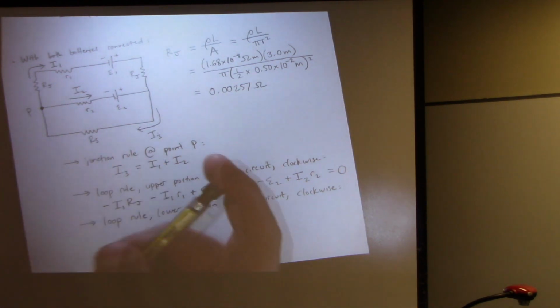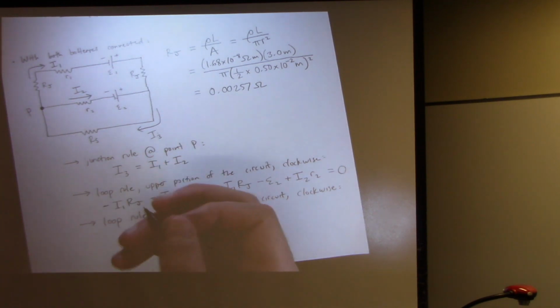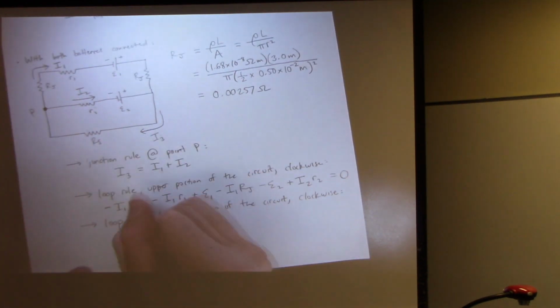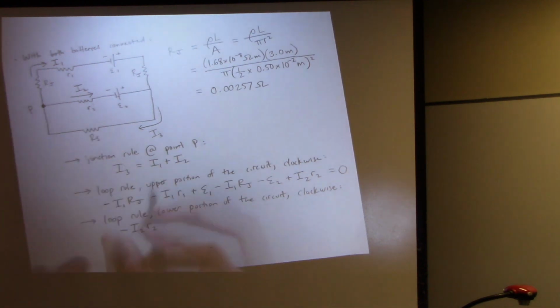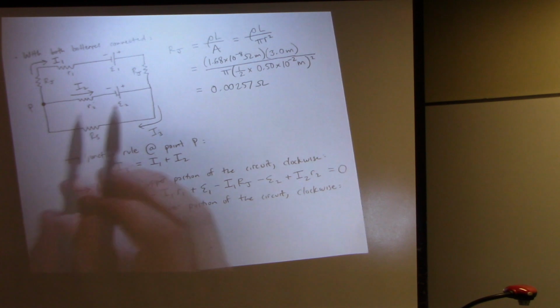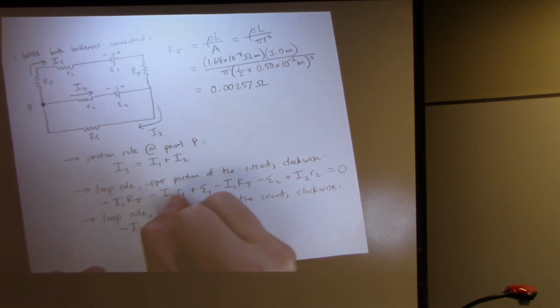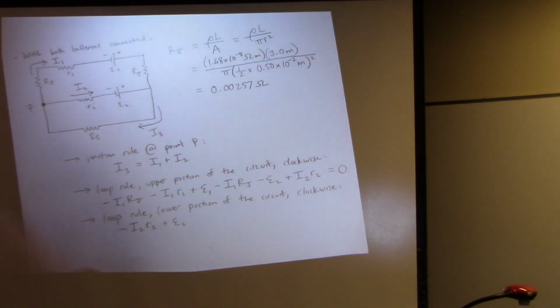So in this case, the first thing we're doing is going across the internal resistance of the second battery in the direction of the current, so we have minus I2 times little r2. The next thing we're doing is going across the EMF from negative to positive, which means we have a voltage increase, epsilon 2.